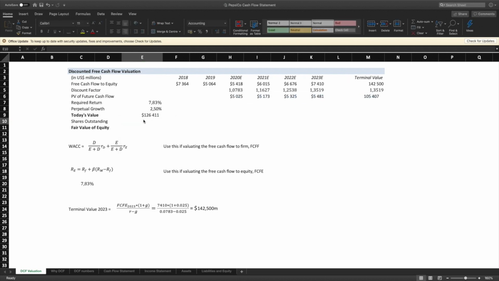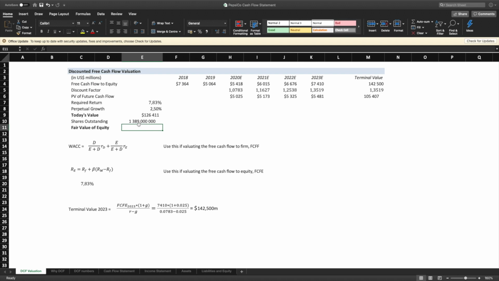The number is quite big to grasp in your head, but it's $126,411 million. And if we just go ahead and put in the shares outstanding, which is 1.389 billion. Perfect.